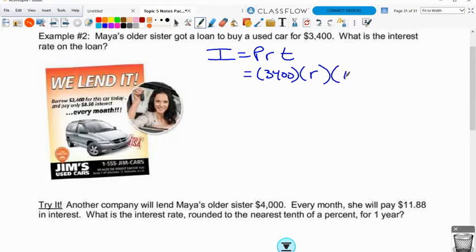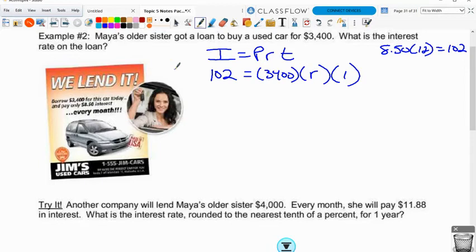So we're going to make this 1 year for the amount of time. If you're paying $8.50 interest every month, you need to take that number and multiply it by 12 to figure out how much interest you would pay in 1 year. So if we do $8.50 times 12, that's going to equal $102 in interest.